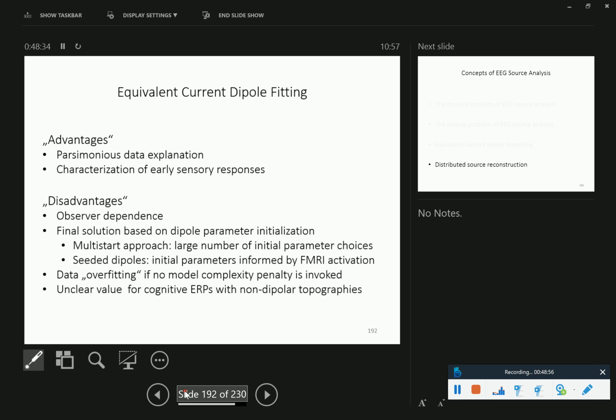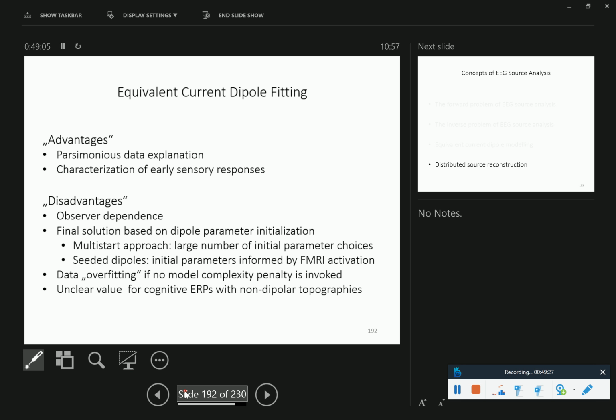Some of the aim was to click until you find a starting position so that after convergence the dipoles are where they should be. That was very weird. The final solution depends on the dipole parameter initialization, and of course you could try different initial parameter choices, or use fMRI activation as starting values.